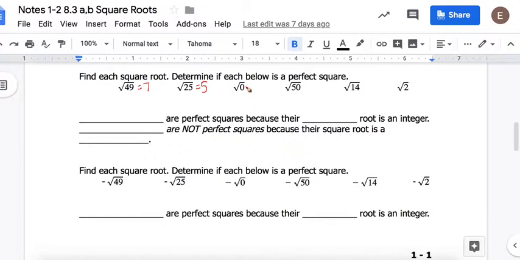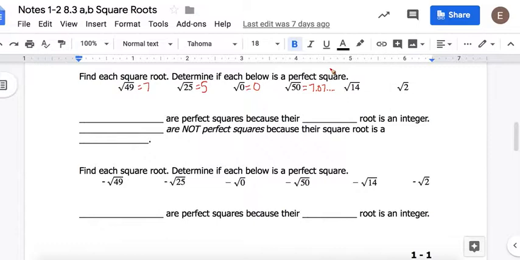The square root of 0 is 0 because 0 times 0 is 0. And now the square root of 50. Now 50 is not a perfect square, so if we typed it in, our calculator would say 7.07, and we would write dot dot dot, showing that it goes on and on forever and ever.